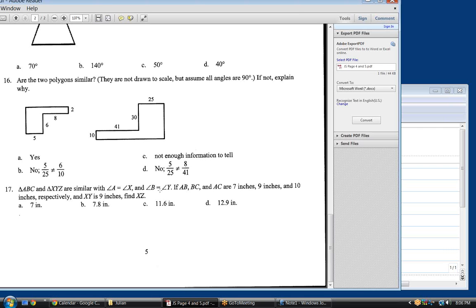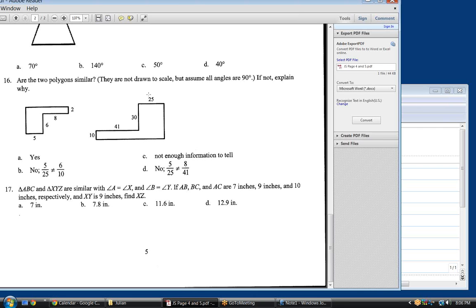I don't think so. Which one is not? You can look at the answers. Is it 8 and 41? Is that not corresponding? That's correct. So D is the answer.